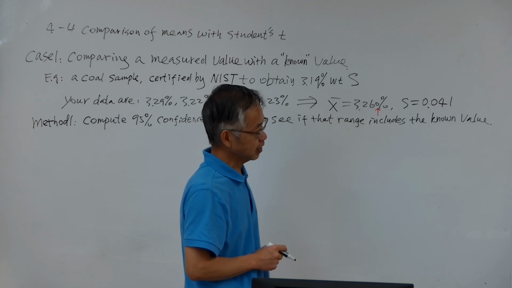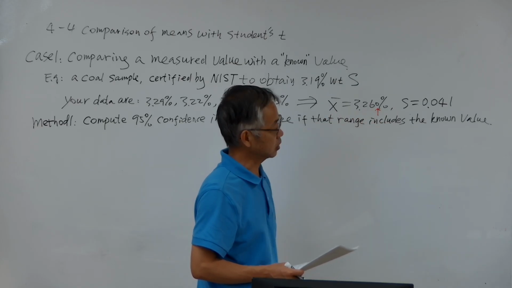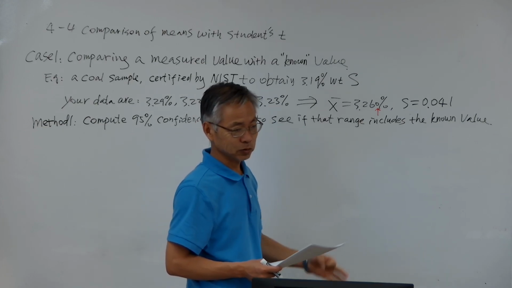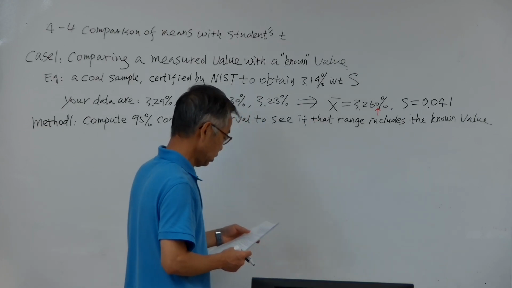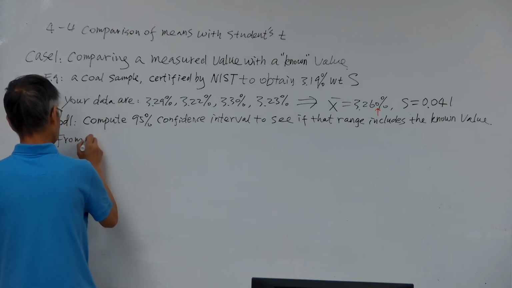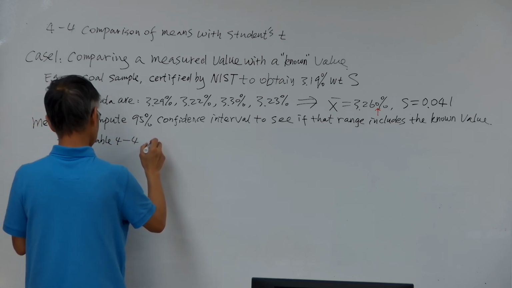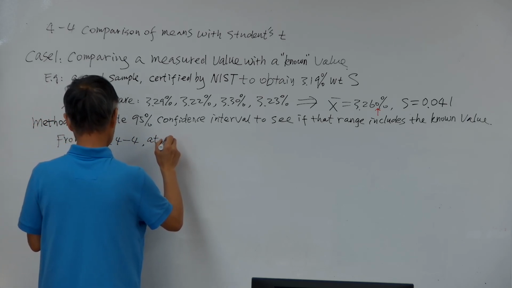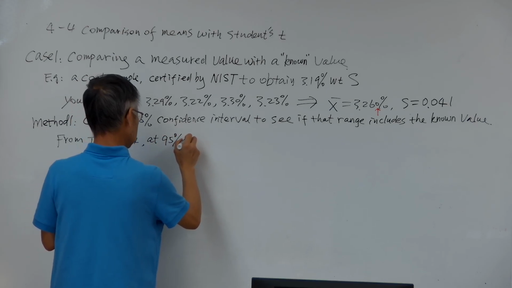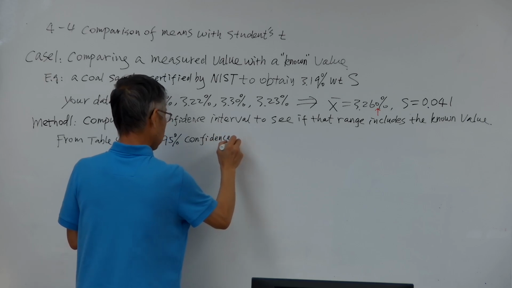First, you need to find the t-value, right? We already calculated x bar and s, and n is 4. So what we need to do is find the t-value, then use the table. From table 4.4, find the t-value at the 95% confidence level.